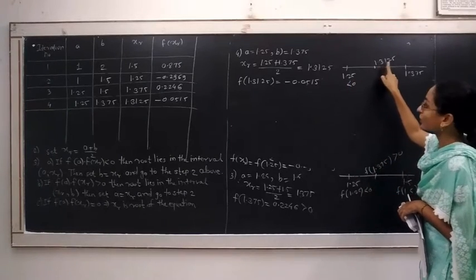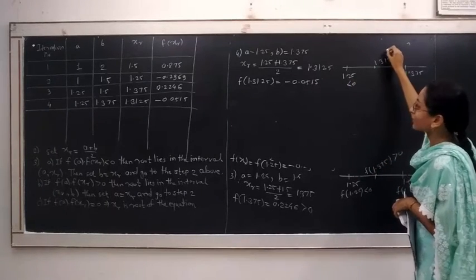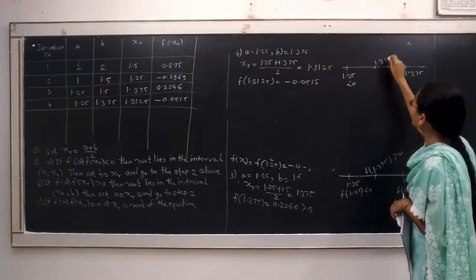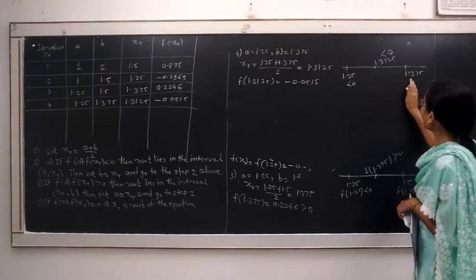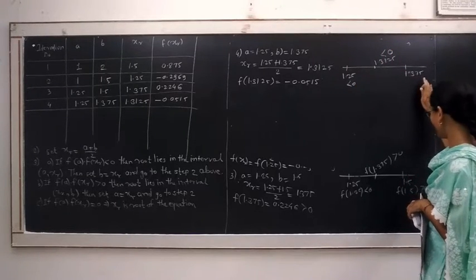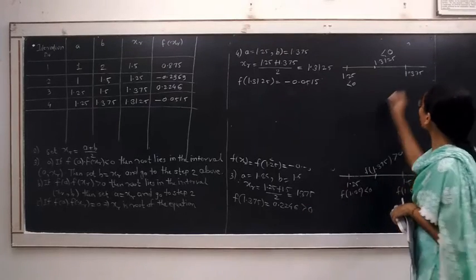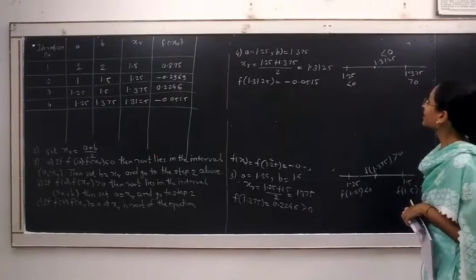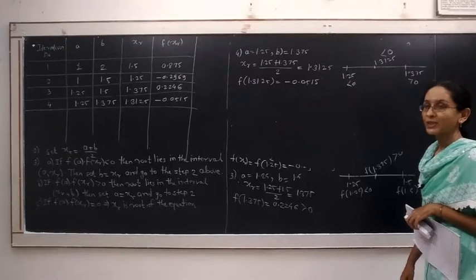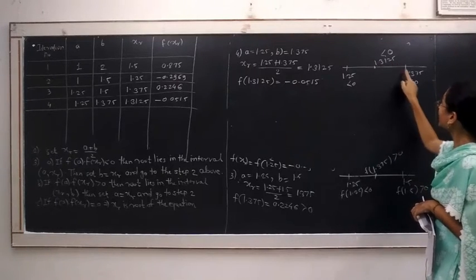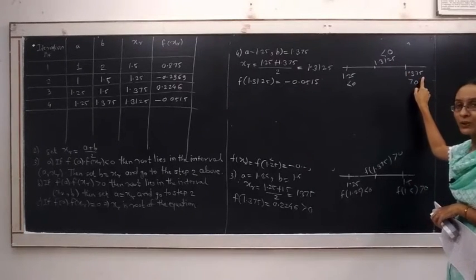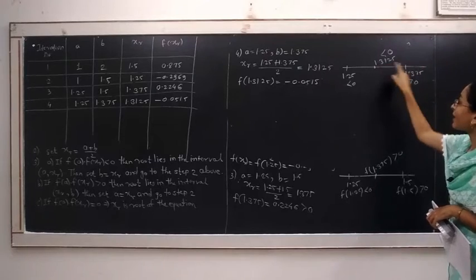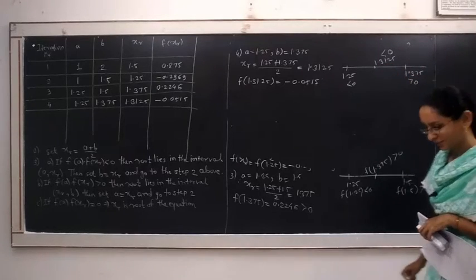For this value 1.3125, f of 1.3125 is again less than 0, and f of 1.375 gives the value positive, greater than 0. Therefore, root lies between 1.3125 and 1.375 because f takes opposite sign for these two values.